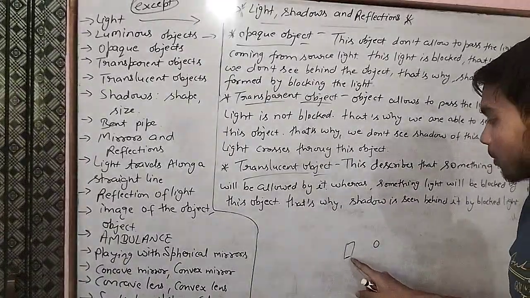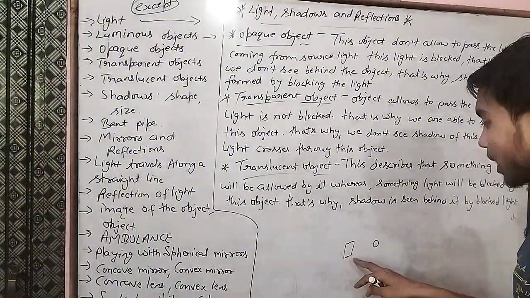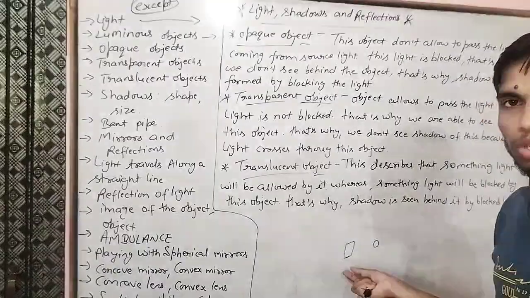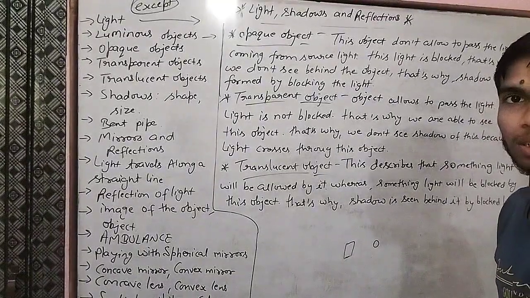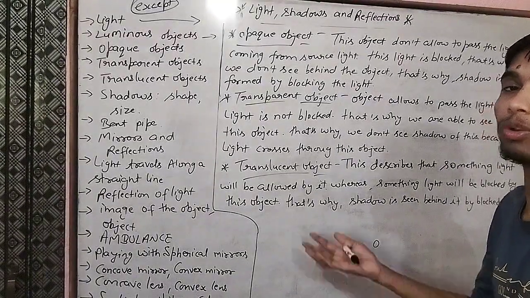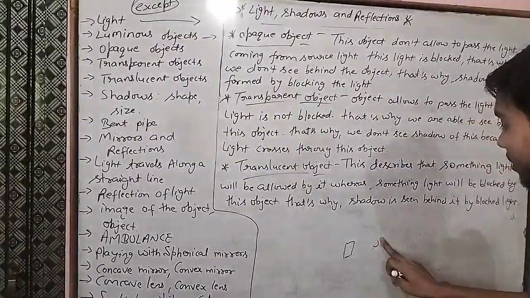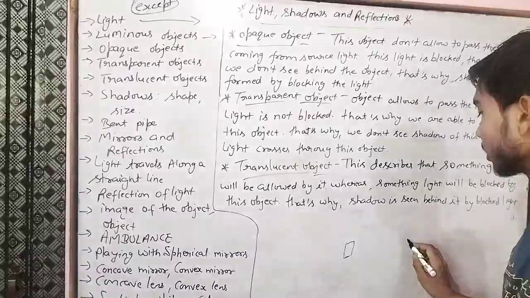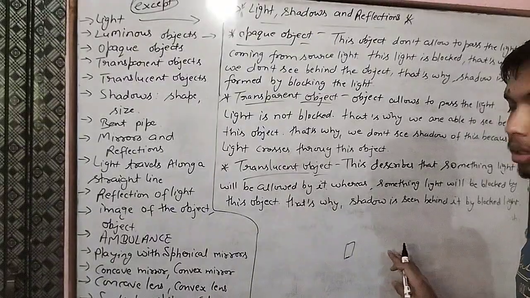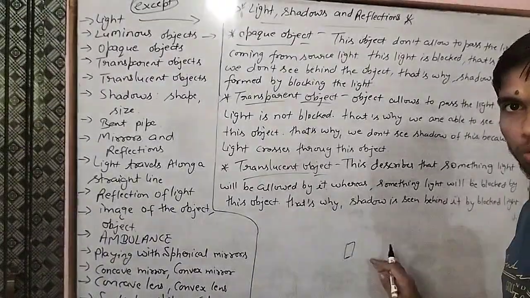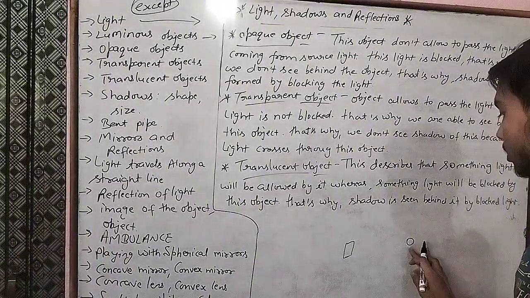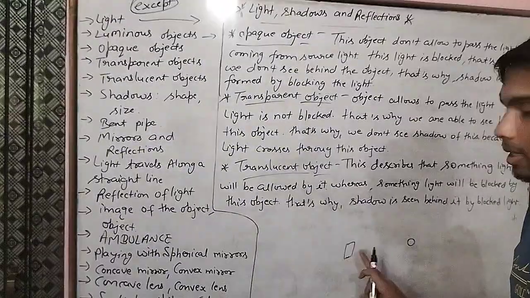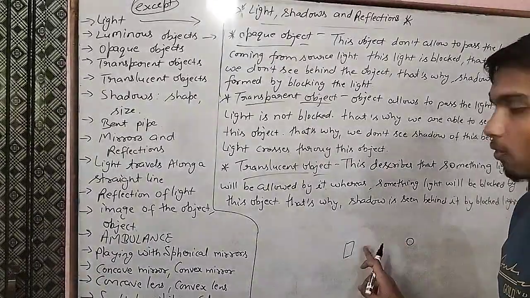Whereas we put this source light far away from this object. Here, this is the source light and the object is here. Now light is falling on this object.